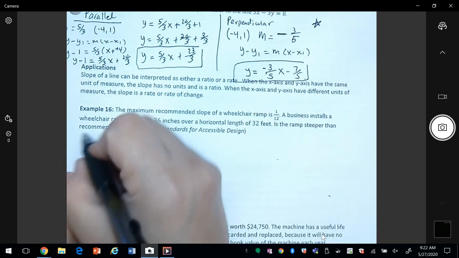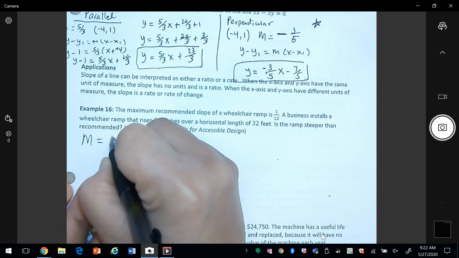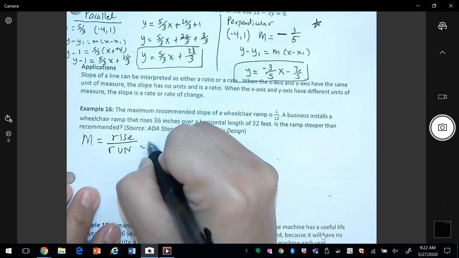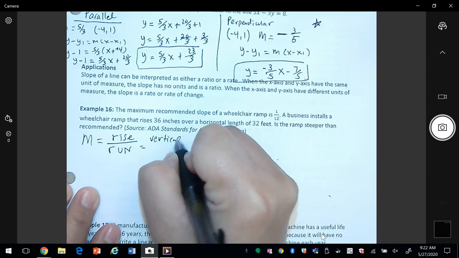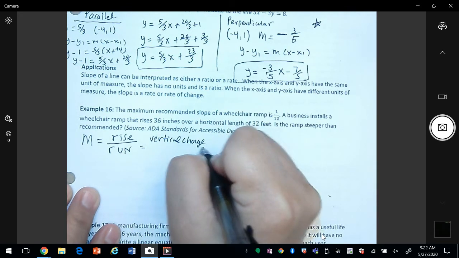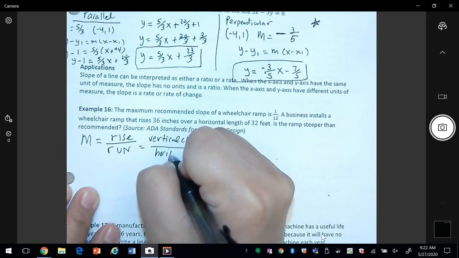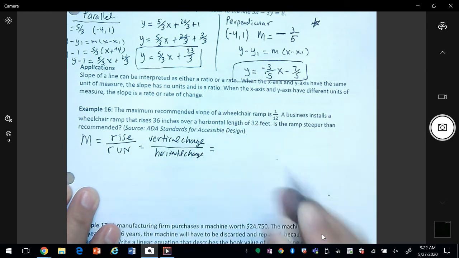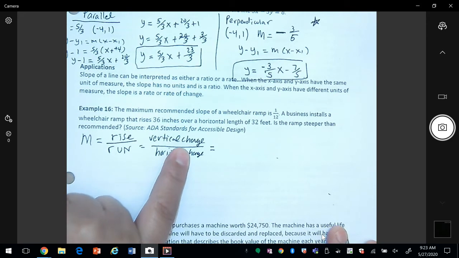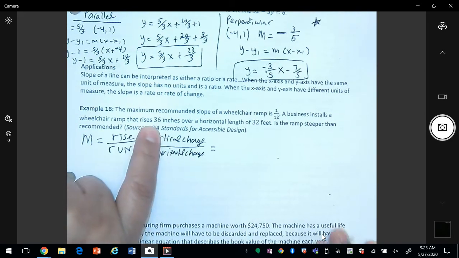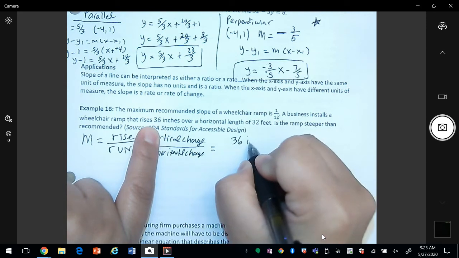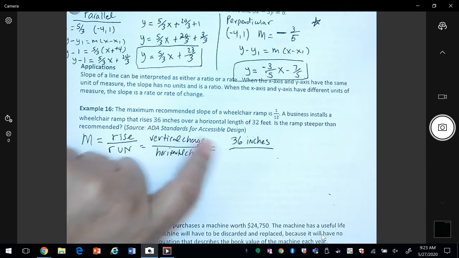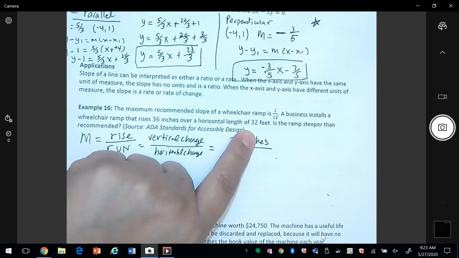Okay, so first let's look at what they're talking about, which is slope. So we have rise over run, which is the vertical change divided by the horizontal change. This is just another way to look at the slope. So they tell me that the vertical change rises 36 inches and the horizontal length is 32 feet.